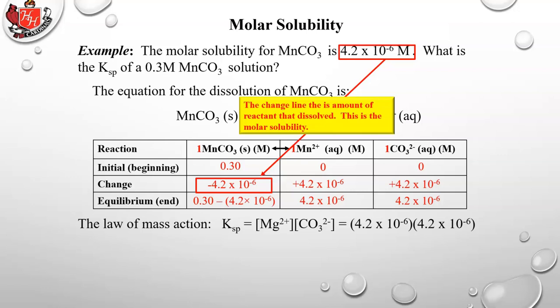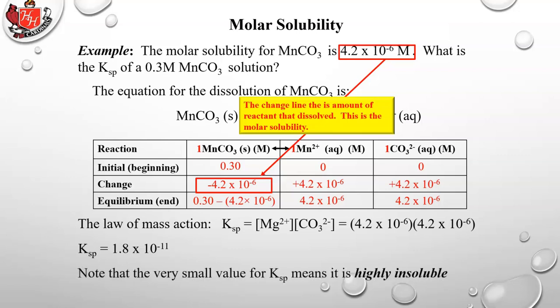So the only two you need to use are the 4.2 times 10 to the negative 6th. Each of those, the carbonate and the manganese, have that number, so you're basically squaring that number. And when you square 4.2 times 10 to the negative 6th, you get 1.8 times 10 to the negative 11th power.